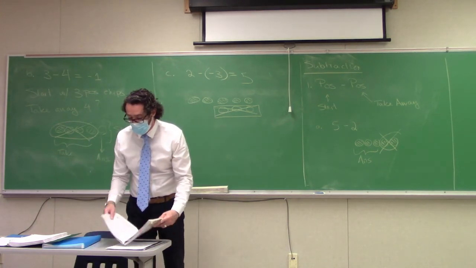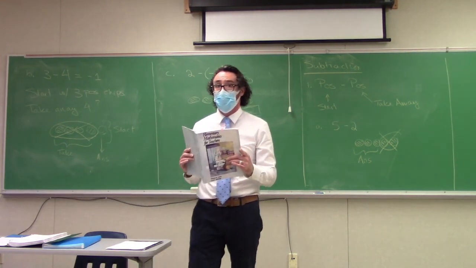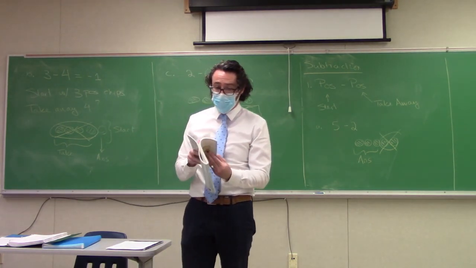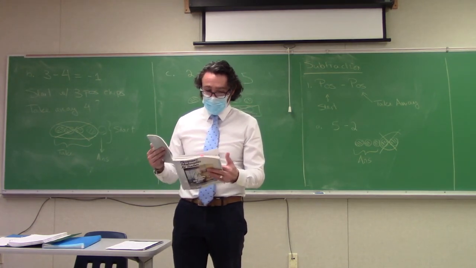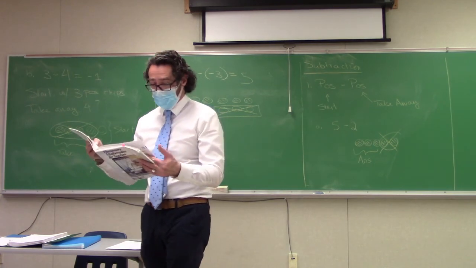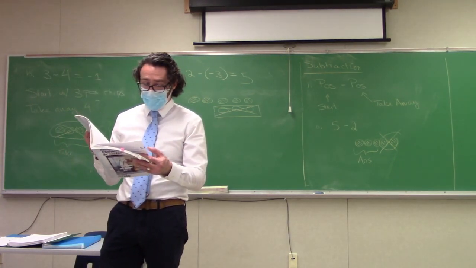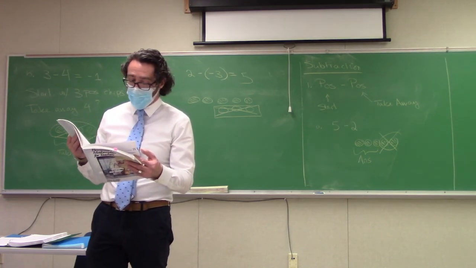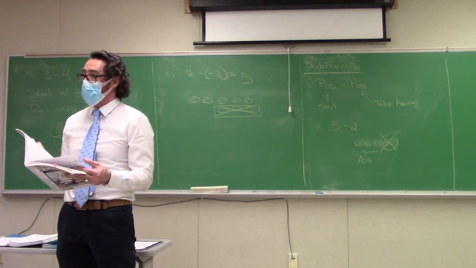So, I want you to get started reading through Chapter 8, Section 1 of Elementary Math for Teachers. That goes from page 185 to page 190. And on page 190, I would like you to do 1 through 4, do number 6, and do number 7.